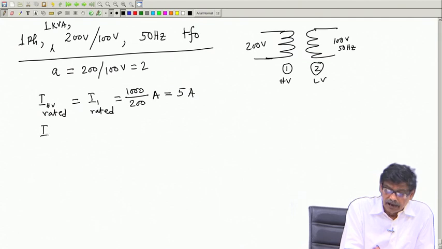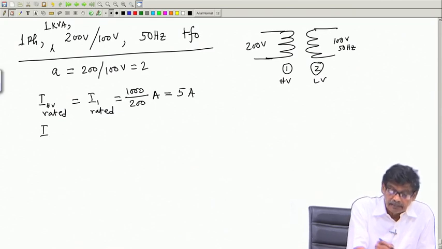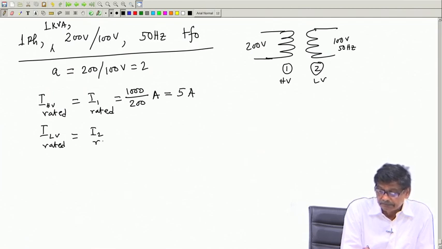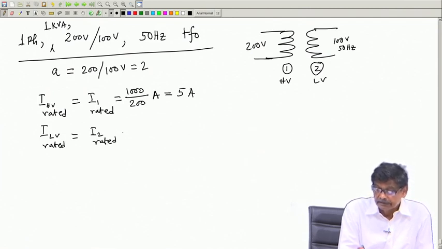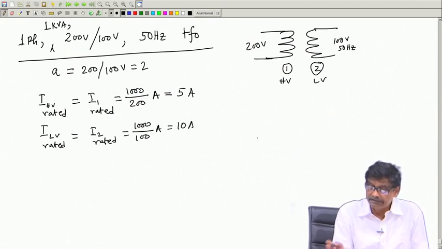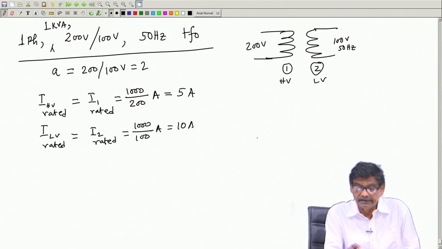And I also know the LV side rated current, I 2 rated, is equal to 1000 by 100. Of course, this I could in one stroke write straight away as 5 into 2. This is the rated current, mind you. These things I know.